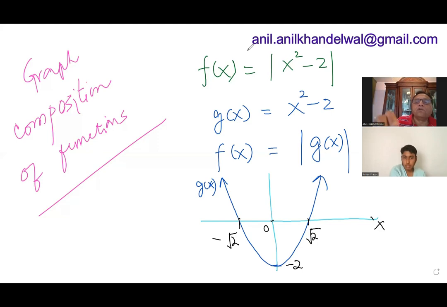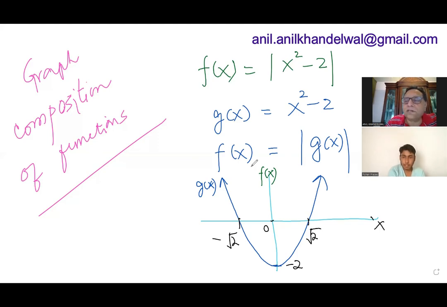Now, how will you sketch the absolute value of this function, which is f of x? We could use the key points. For example, the y-intercept, which is 0 and negative 2. Yeah. Having the two x-intercepts, which were root of 2 and negative root of 2. Correct. Then from there, we can substitute into the equation to find out what the x and y values would be.